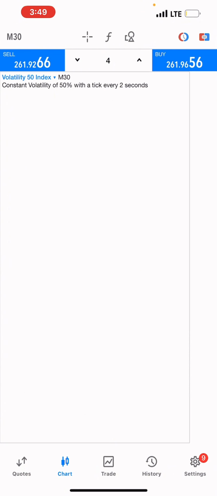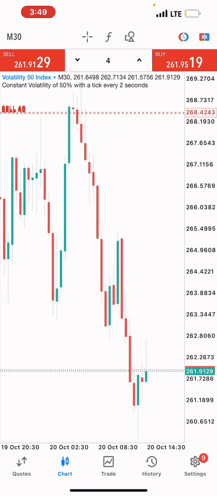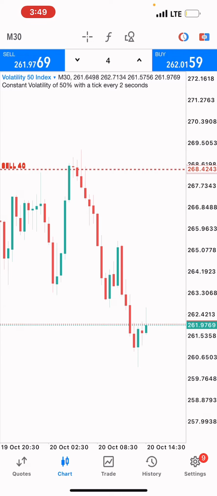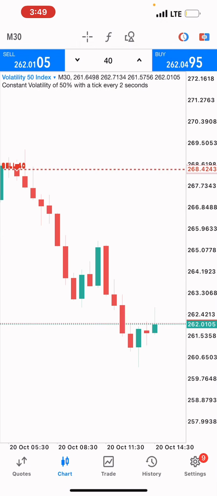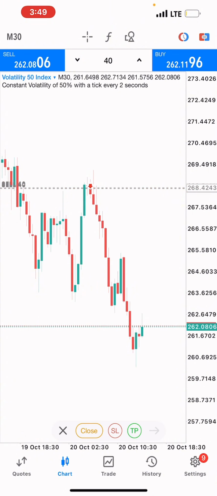You can see how I have that entry. Let me just show you guys. You see we entered right there. So how do we know that's the place the market is actually going to be resting from?